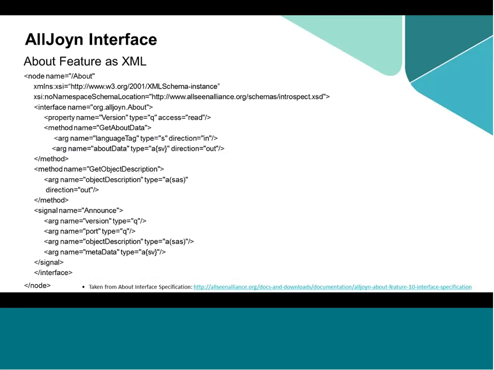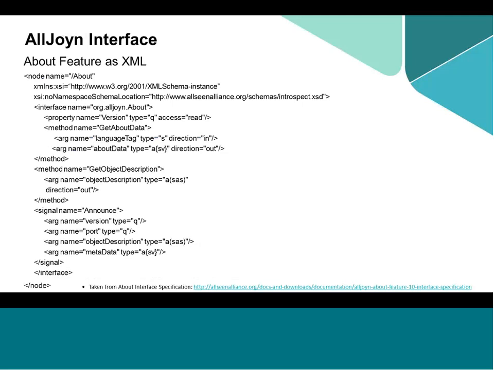And then we have the interface name. Now the XML, LNS, and the XSI, those are optional fields for the schema and how the definition is supposed to match up so that you can authenticate it and validate it. It's completely optional. The big piece here is you wouldn't get that from the introspection piece. You just get the AllJoyn tags that we showed on the other slides.